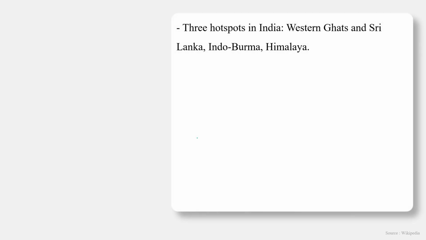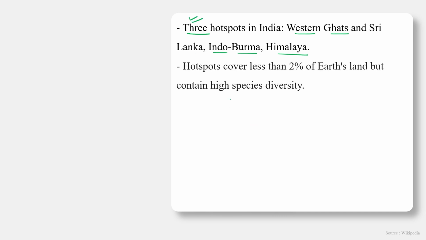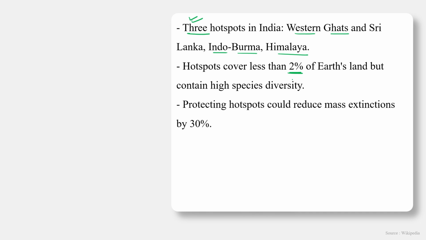So these three: Western Ghats and Sri Lanka, Indo-Burman and Himalaya, as you just saw in the map. So three hotspots are present in our country. These hotspots cover less than 2% of Earth's land, but contain high species diversity.